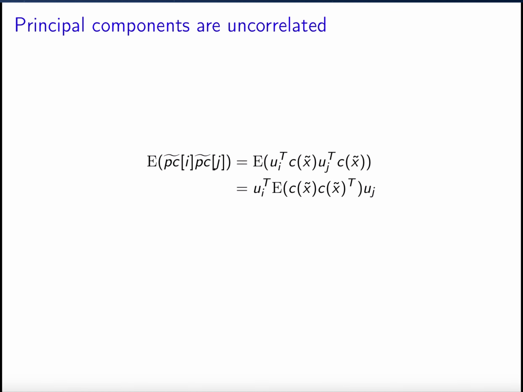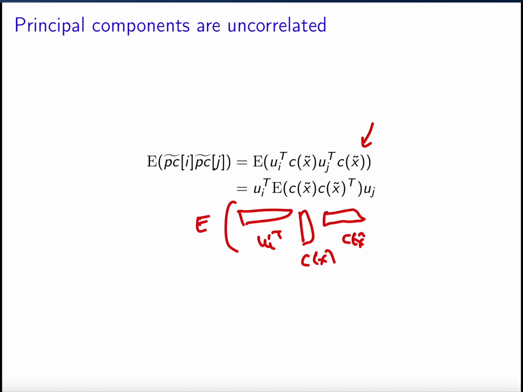And now we can write this expected value exactly like with this trick that we used when we were deriving the variance of a linear combination. We reshuffle this so that now it's in this form. Okay, so this would be expected value ui transpose cx transpose uj. Okay, you should check that this is exactly the same as this.